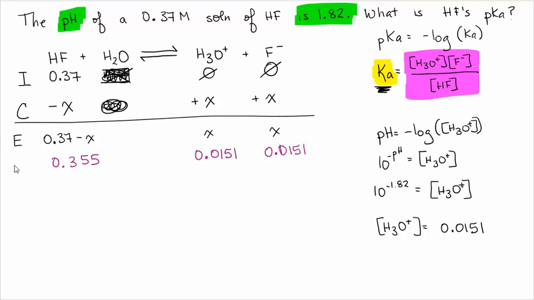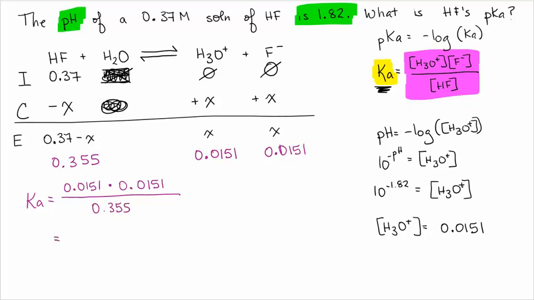Now we can solve for the Ka, and in solving for the Ka, we can solve for the pKa. The Ka is equal to hydronium to the first, 0.0151, times fluoride to the first, fluoride concentration at equilibrium, 0.0151, divided by HF to the first, 0.355.